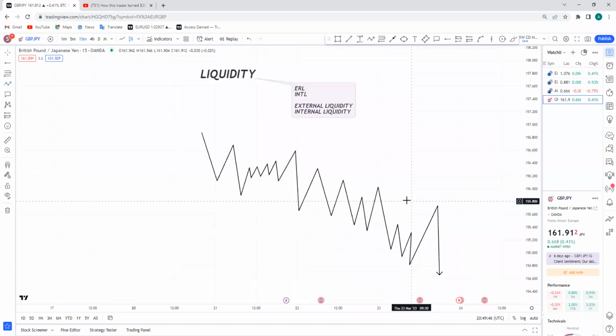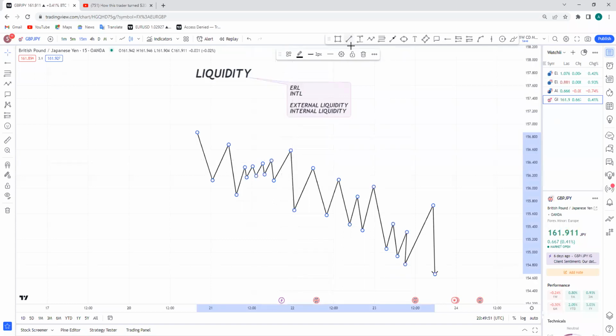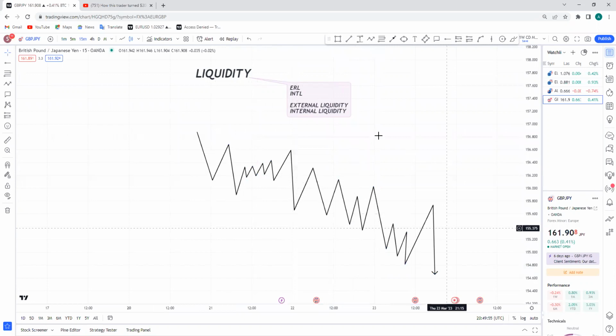Okay. Now, looking at this structure, when we are talking about external liquidity and internal liquidity, all we need to look into here, we need to look into external and what? Internal liquidity.